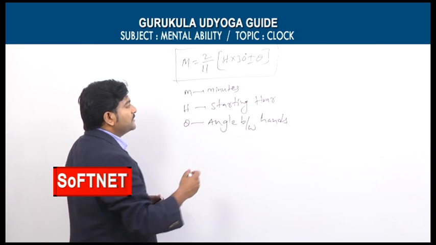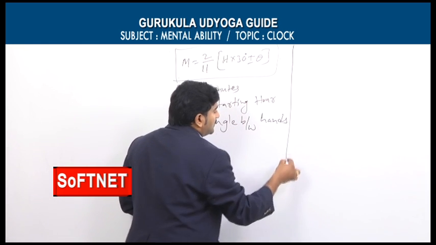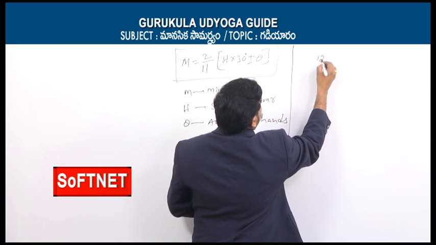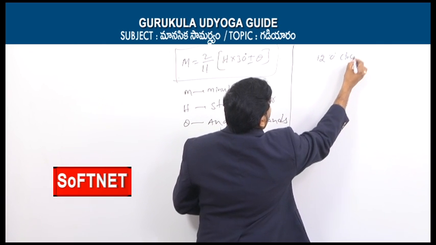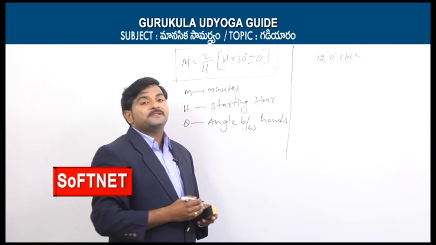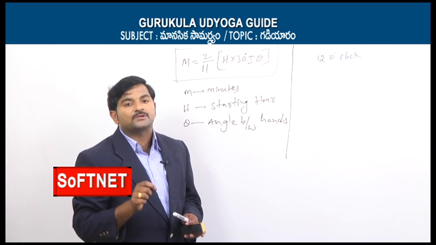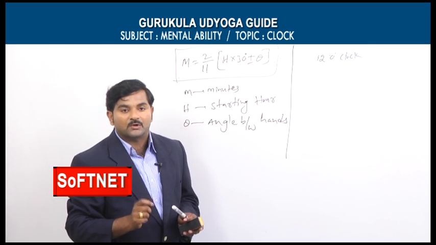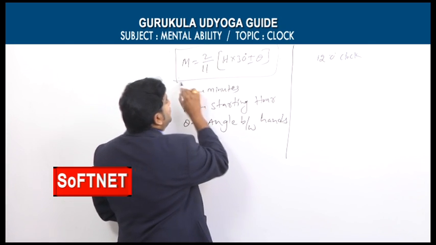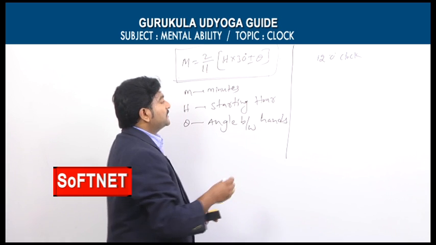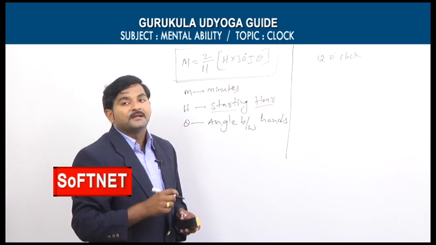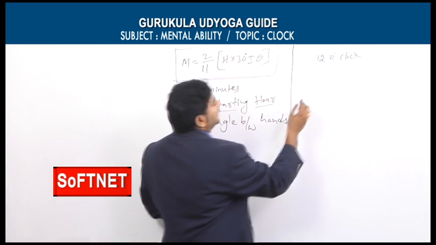When you are substituting in this formula, we have one more condition. If our starting hour is 12 o'clock, instead of taking h = 12, simply we have to take h = 0.